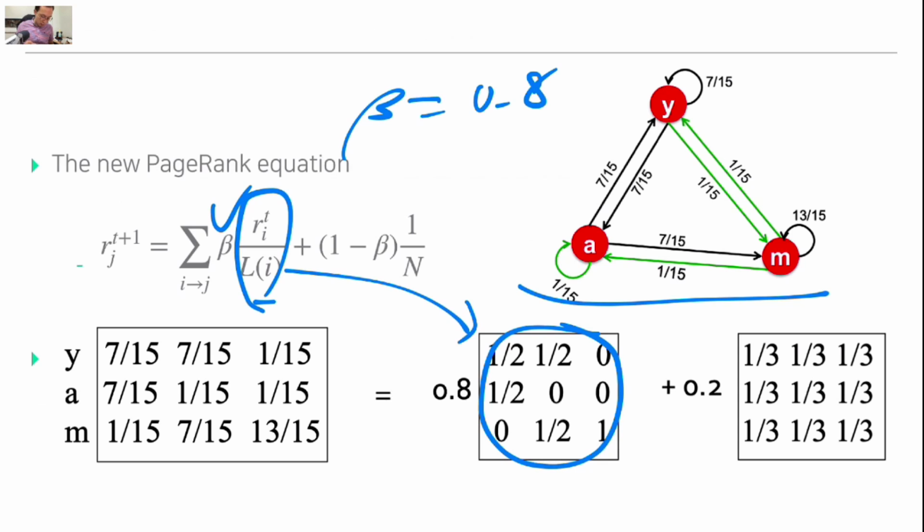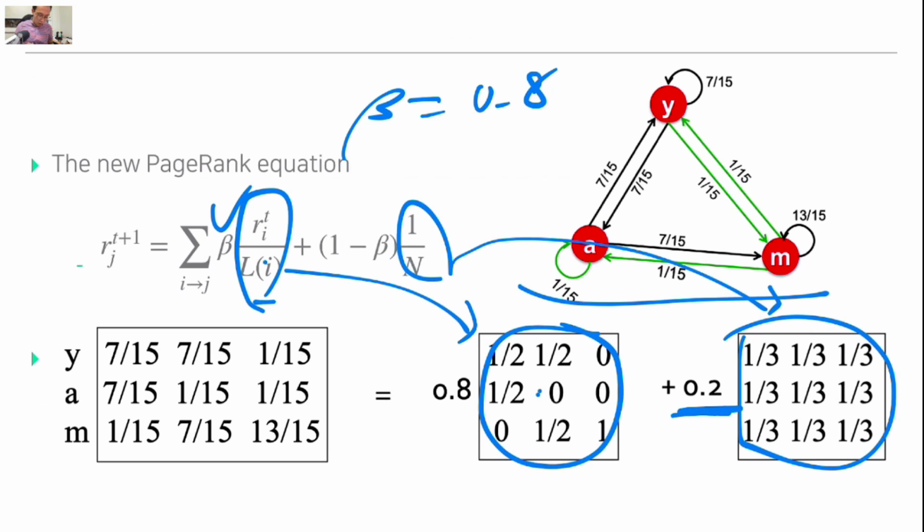So this means we can jump to anywhere from the node. With this probability, we randomly teleport toward anywhere. So this is a jump, this is a teleport, right? And we can get this final probability.